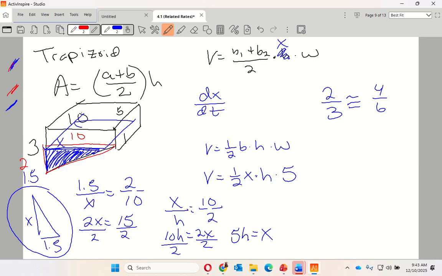There you go. Now, what I did is I am now getting rid of which variable? I'm getting rid of the x.